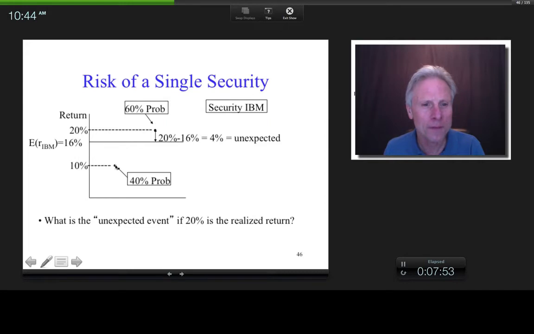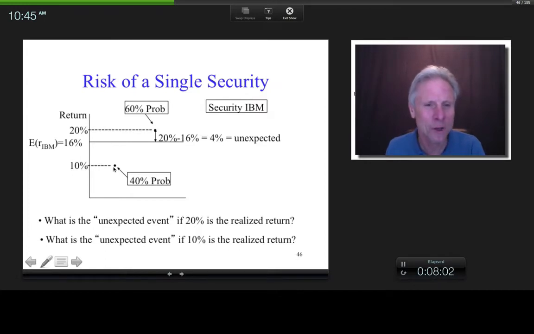What about if we get this 10%? How much of that is unexpected? We expected 16, we got 10. You might say 6% is unexpected. But if we're going to have a plus 4 here, then we better have a what here to be consistent? We better have a minus 6, right?